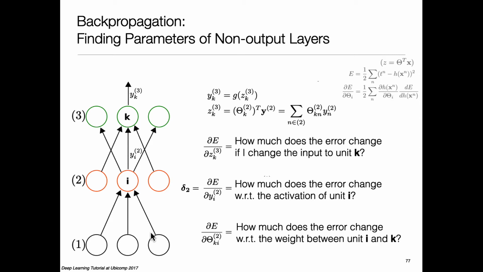This is where the chain rule from differential calculus comes into play. I first find the derivative of the output with respect to the last layer, and then I propagate it backwards. That is what was called the back propagation algorithm, and it came about in the late 70s or so.